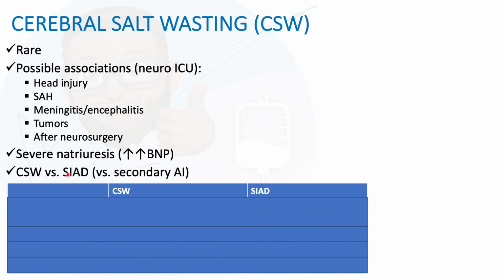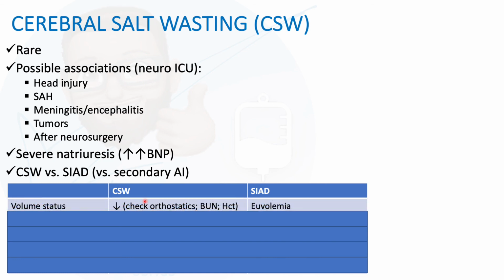So to compare the two, as you know, SIADH can be due to many causes. Some of them are in the brain or the CNS. So sometimes you might need to know how to differentiate the two. In terms of volume status, in cerebral salt wasting patients are usually hypovolemic because of the wasting of salt, right?